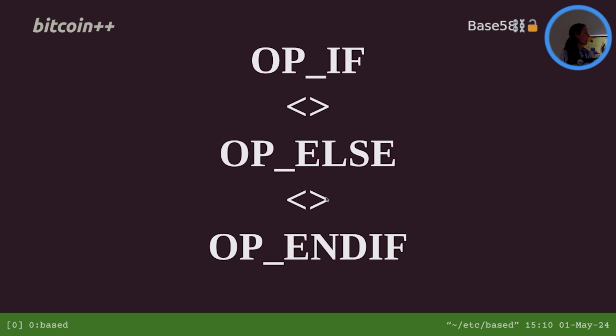And then let's say I had an op check sig in this else branch. So it's an op if and op else. Are both of these branches ever going to execute? No, right? Only one. Only the op check multisig on the top, or the check sig on the else branch, is going to execute.